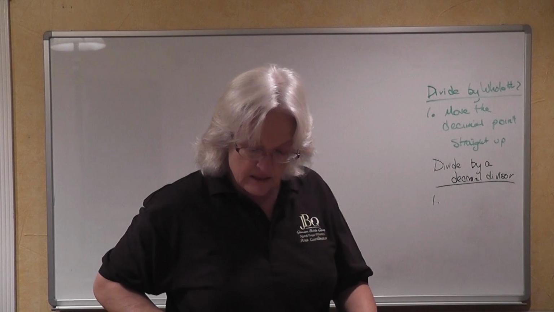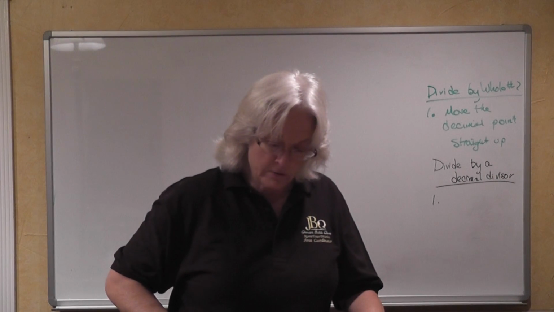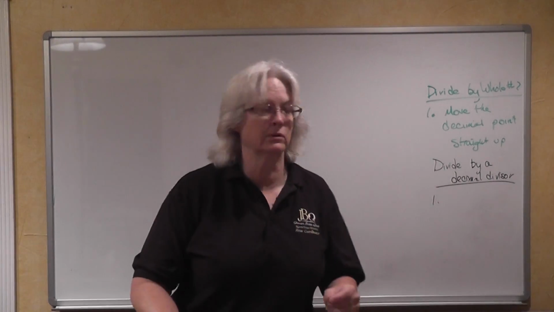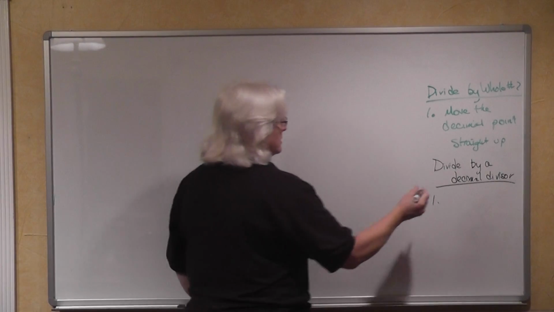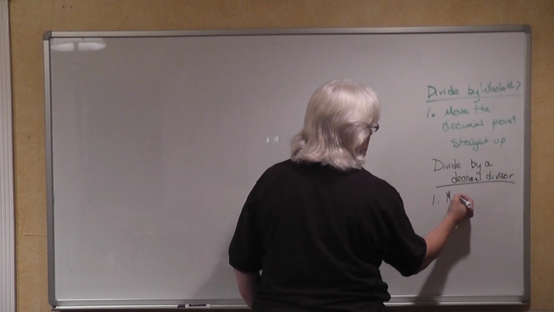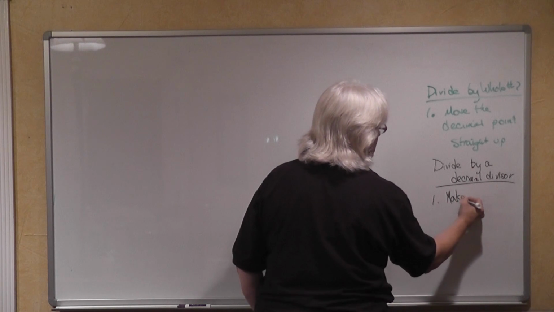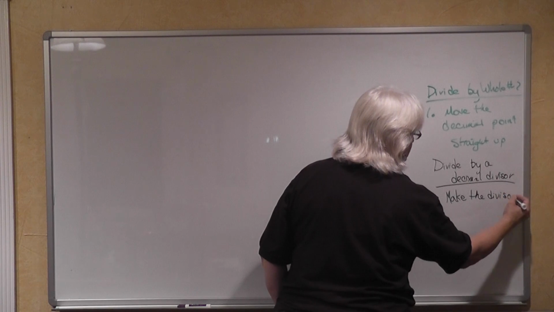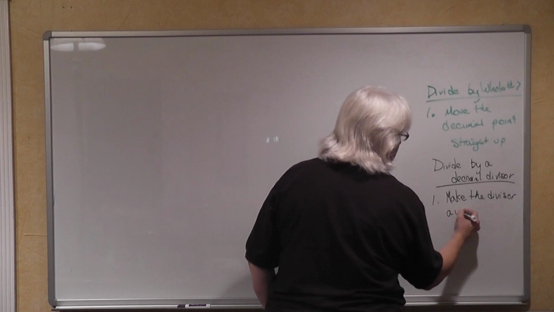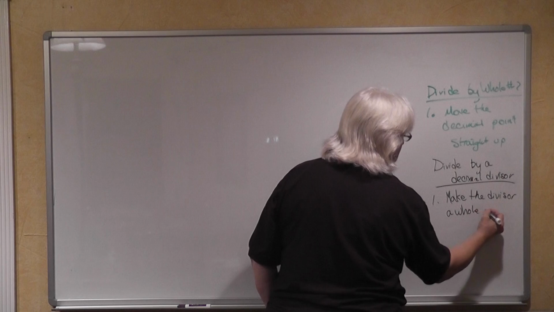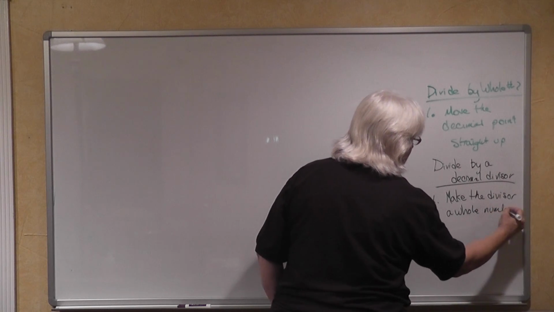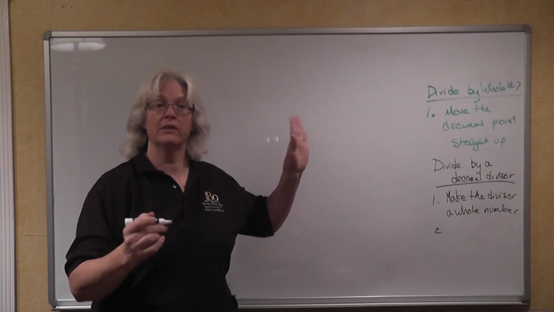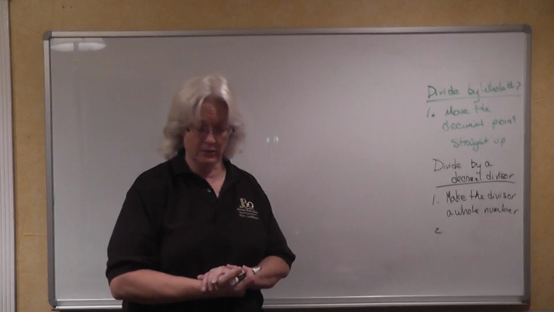It says, make the divisor a whole number by moving the decimal point all the way to the right. How do we do that? We do that by moving the decimal point the entire way to the right.